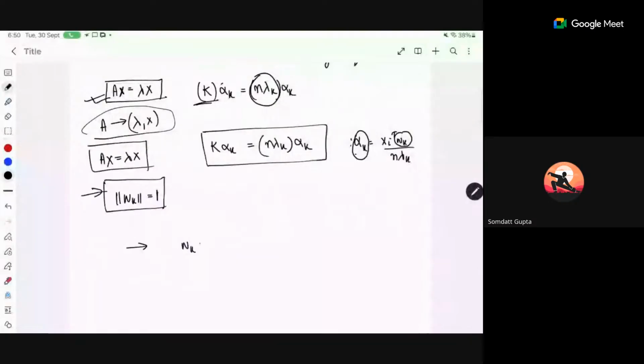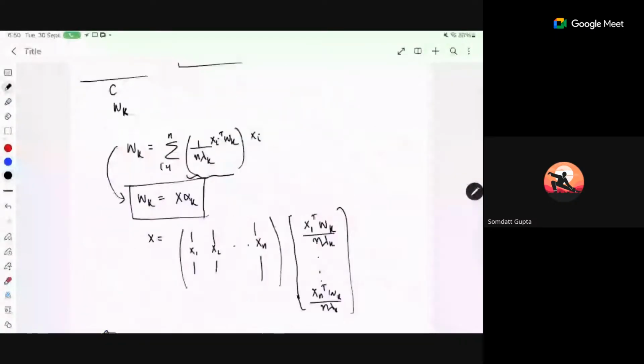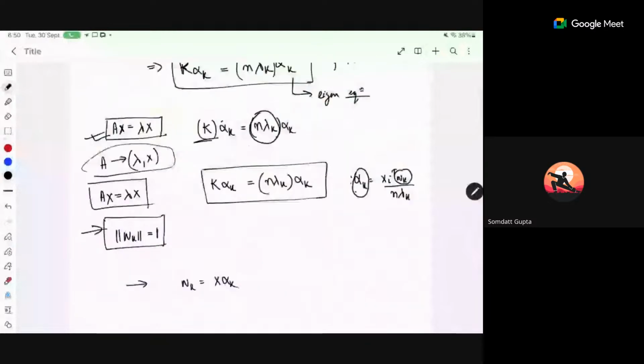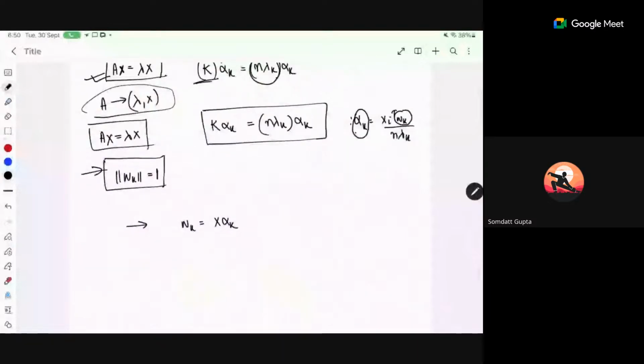So what was the equation? WK is x alpha k from here. This was the equation. Now if WK is x alpha k, and I know the length of W should be 1, right? So I can take WK transpose WK, and if I do that, then I can write this as x alpha k transpose x alpha k.